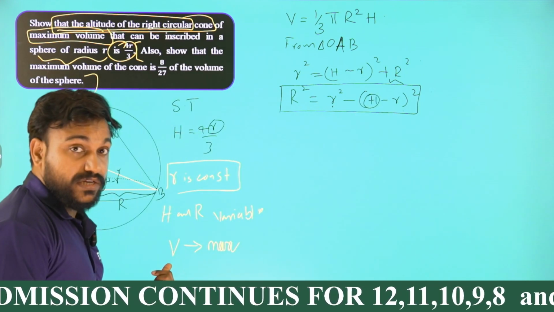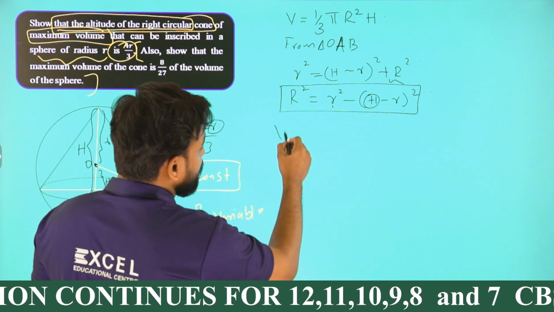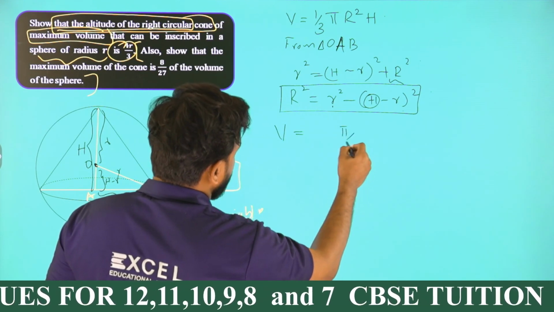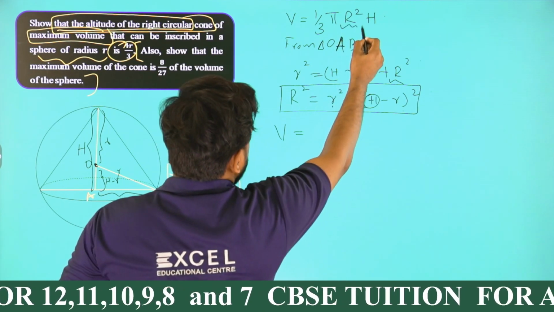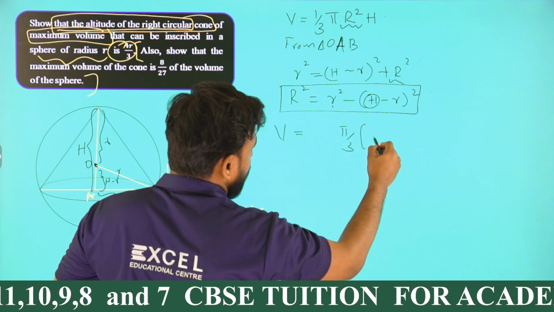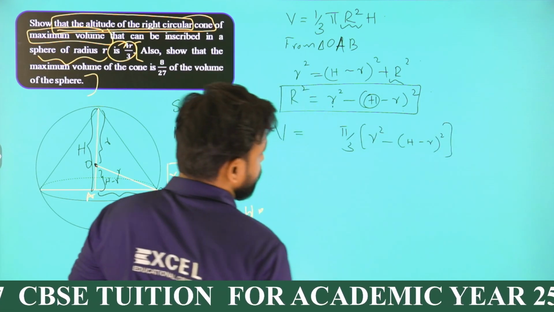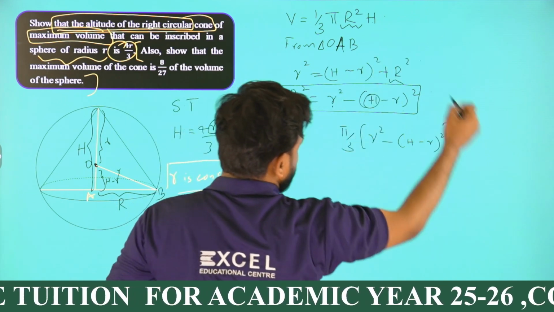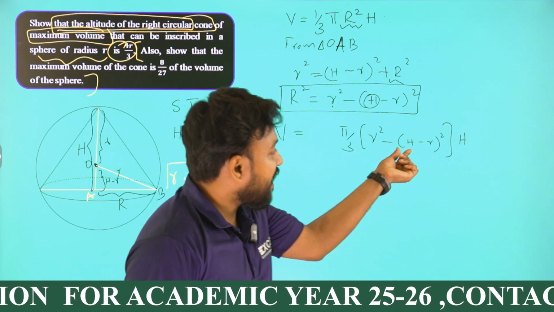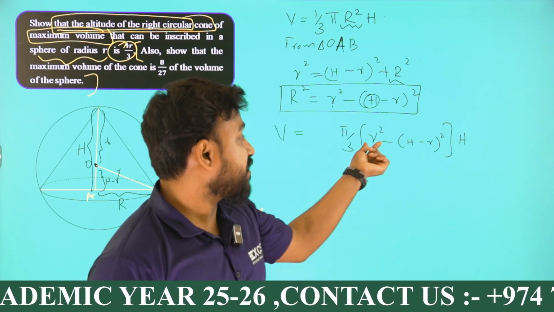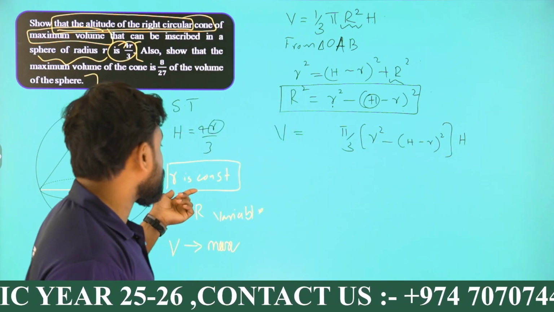So your equation of volume will be 1 by 3 pi, I call it pi by 3, and instead of R square I write small r square minus H minus r the whole square, into H. Now see here, we have H here, H here. What is H? H is a variable. And what are these r's? These are constants because r is a constant.